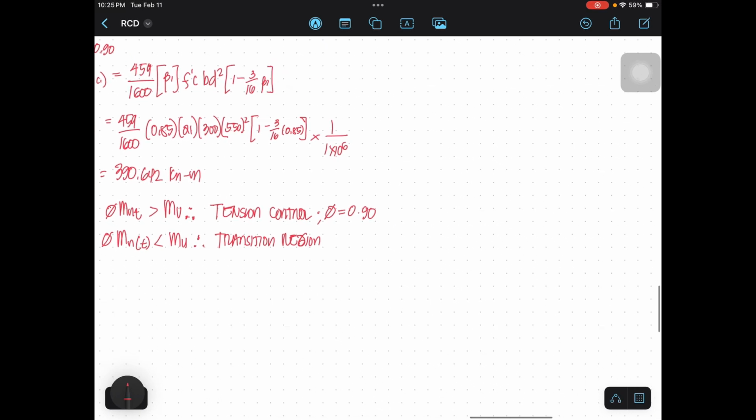And reduction factor can be computed using 0.65 plus 0.25 quantity fs minus fy over 1,000 minus fy.